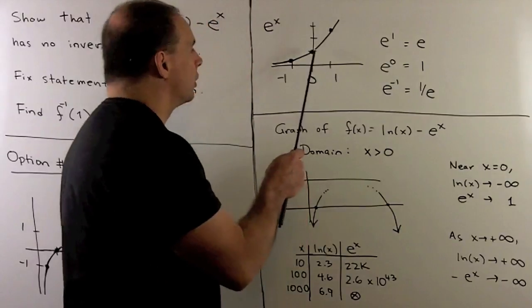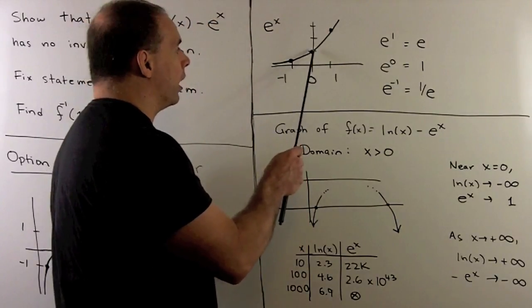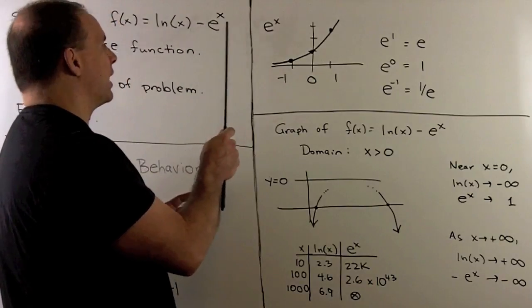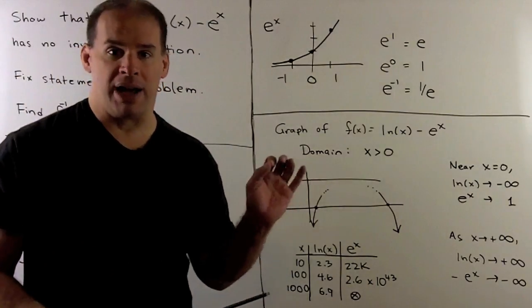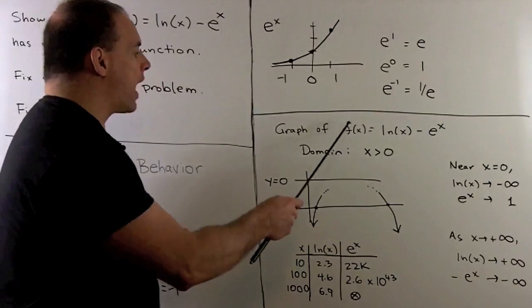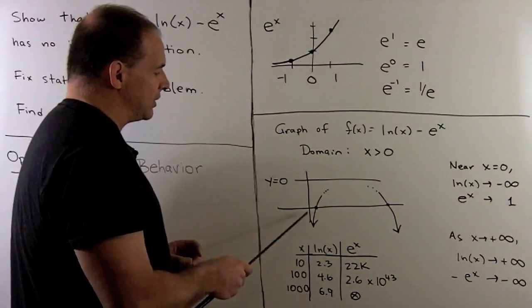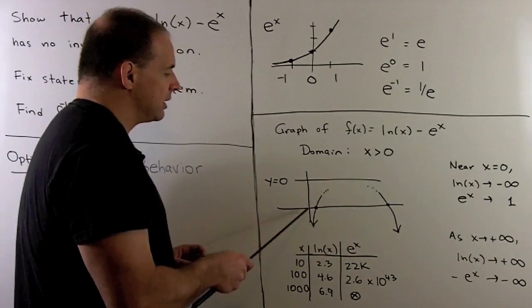For e to the x, we're just near the value of 1. So if we take the difference, we have a minus infinity minus a 1. We treat that as a minus infinity. So in our graph, we're going to have this vertical asymptote at x equal to 0, running down to minus infinity.